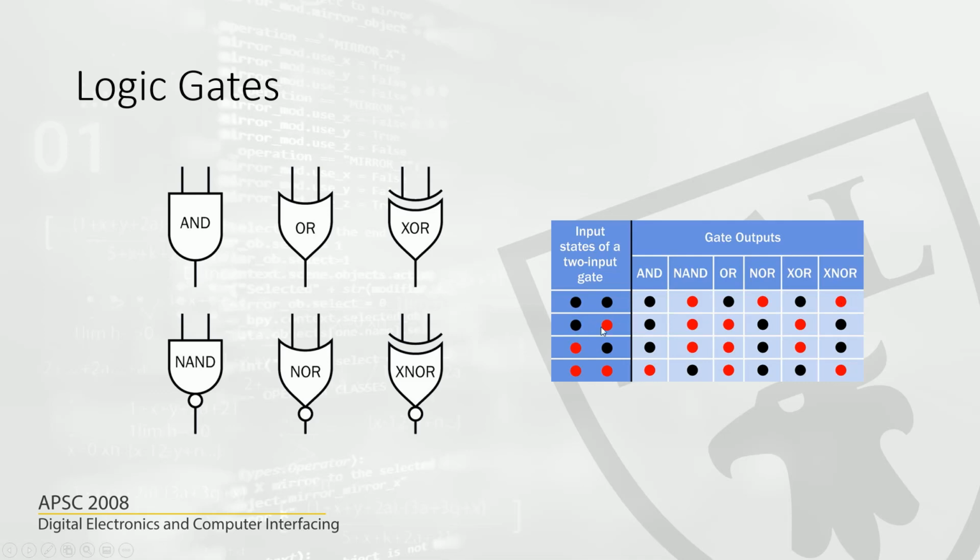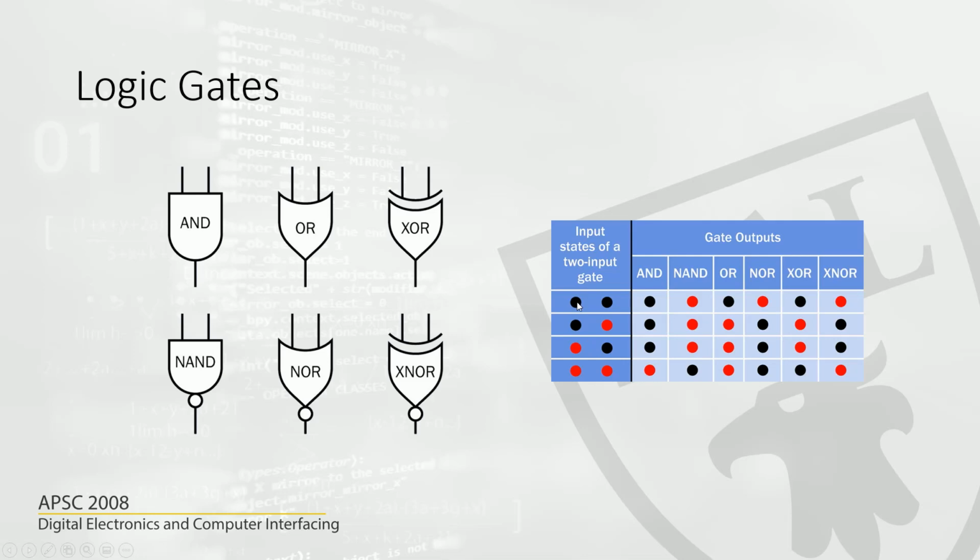Let's start with the AND gate. As the name indicates, only when you get both inputs high, that is input A and B, will the output be high.